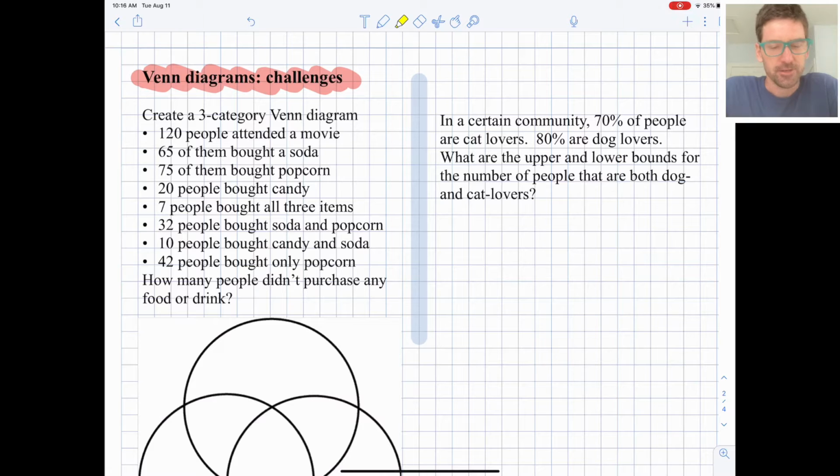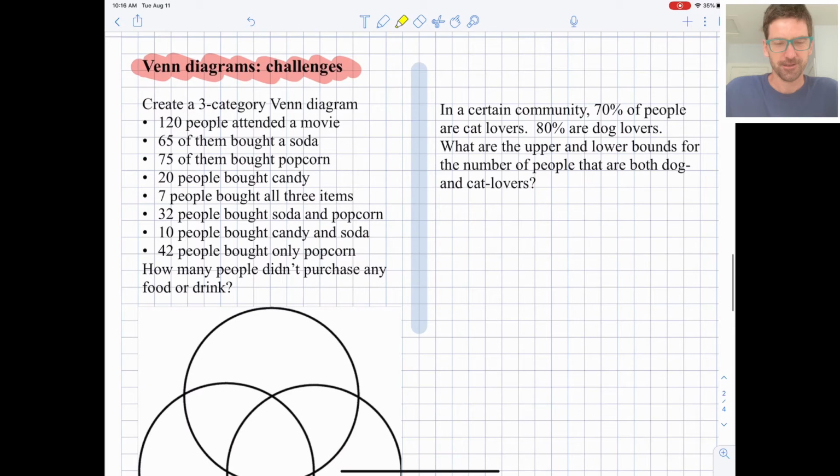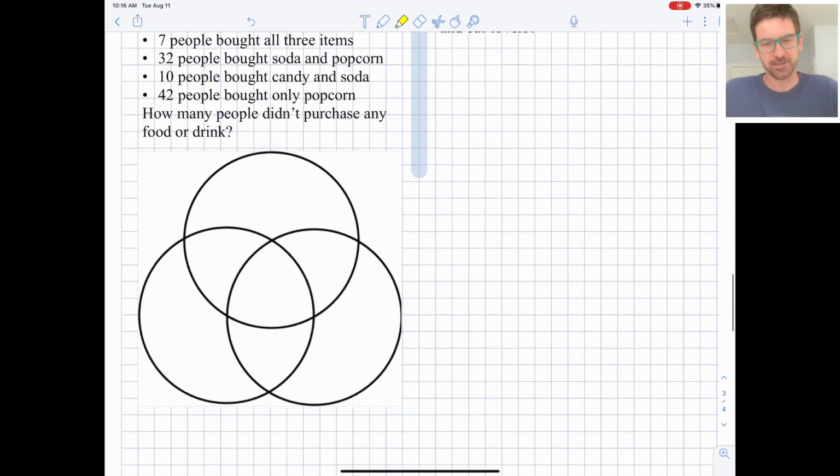So we know that 120 people attended a movie, 65 of them bought a soda, 75 of them bought popcorn, 20 got candy. Okay, and then various numbers of people bought various combinations of things. And how many people didn't purchase any food or drink? Okay, sounds like there's a lot going on here, but let's try to get this set up.